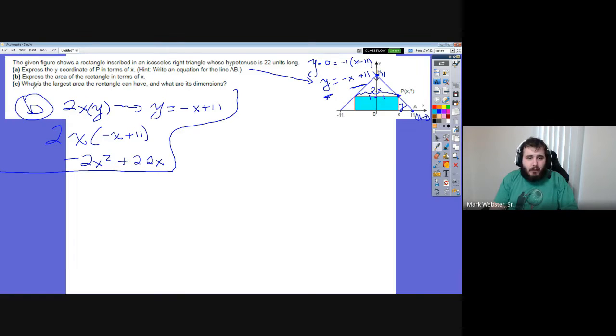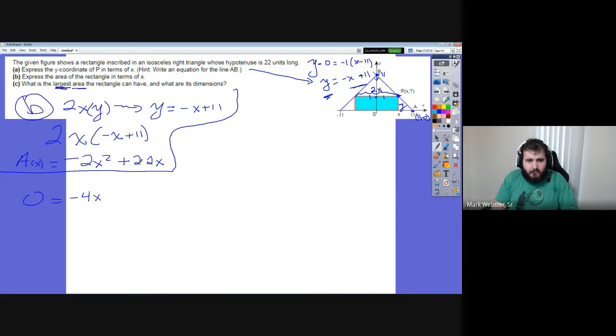So now I want to know what's the largest area the rectangle can have. Largest, key word there. We are optimizing. We are finding the maximum area. Isn't this the function for area in terms of x? So I'm going to take the derivative and set it equal to 0. The derivative of negative 2x squared is negative 4x.